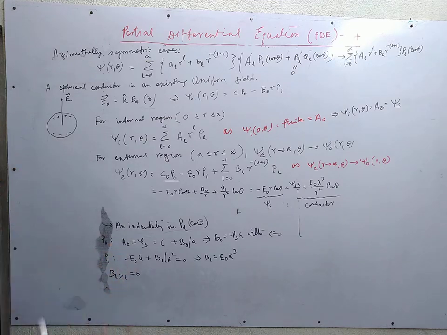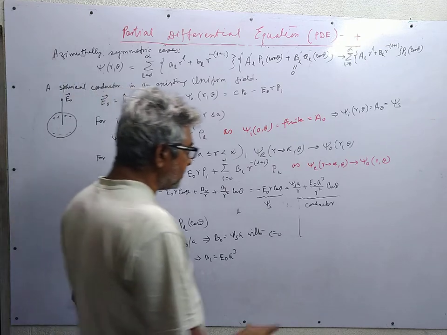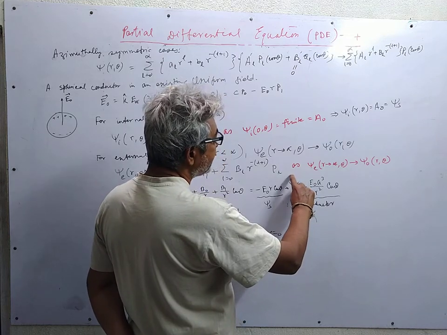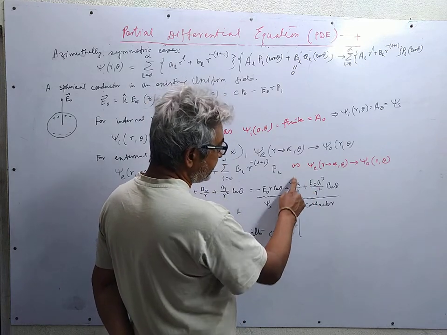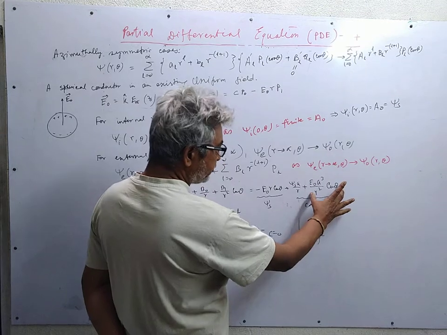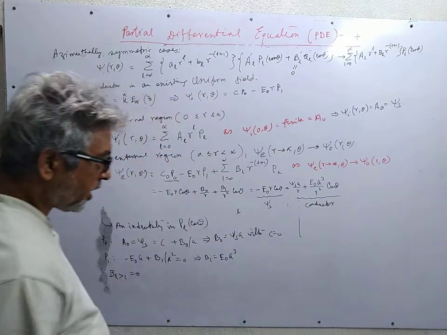It will behave more or less as a dipole. If we look at the situation from the multipole expansion point of view, the potential at an external point due to this induced conductor may be expanded in terms of monopole, dipole and other higher order terms. This calculation shows that so far as an external point is concerned, there is a monopole contribution and this is the dipole contribution of the induced conductor.